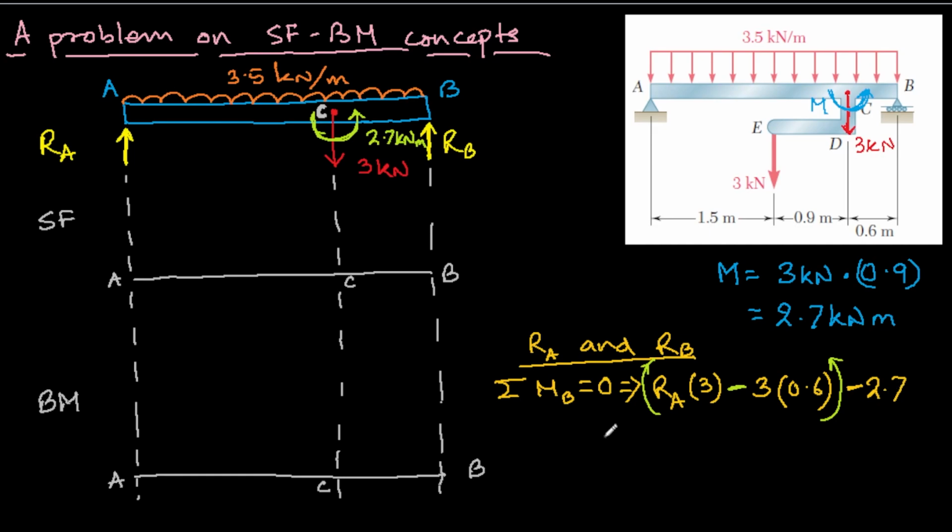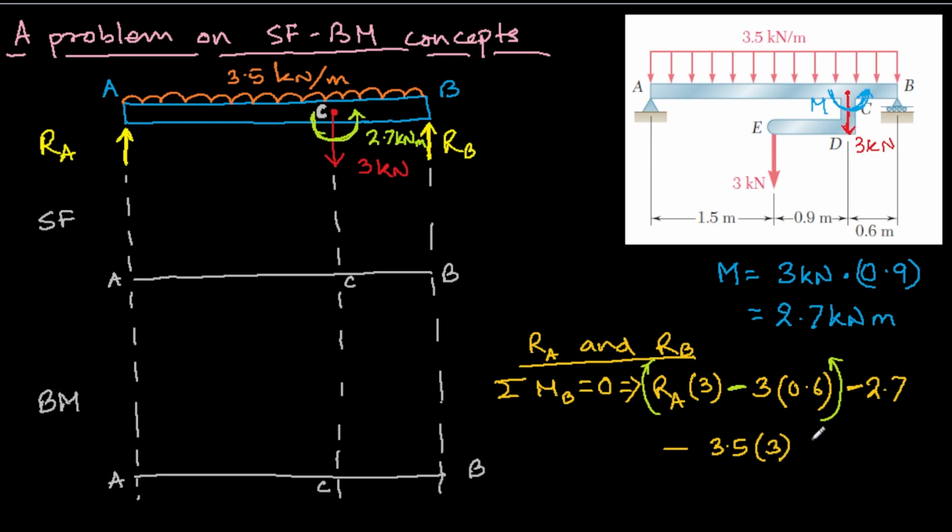because of this uniformly distributed load, it is minus 3.5, the density, times the full length of the beam. What is the total length of the beam? We calculated 3 meters, yes, so it's 3 meters.